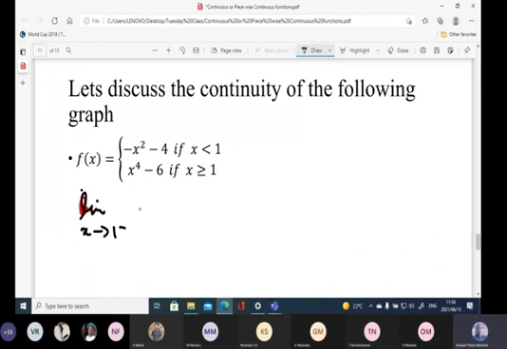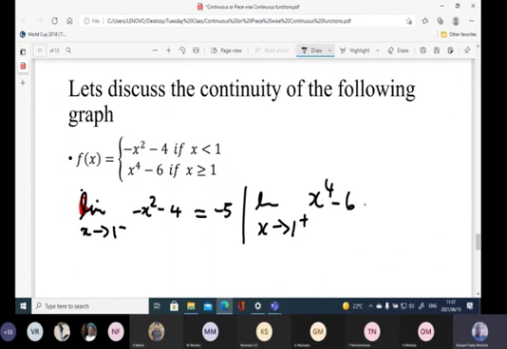What is our answer? This is minus x squared minus 4. If we substitute 1 here, it is minus 5. And the limit as x approaches 1 from the positive side, we have x to the power 4 minus 6, and this gives us minus 5.